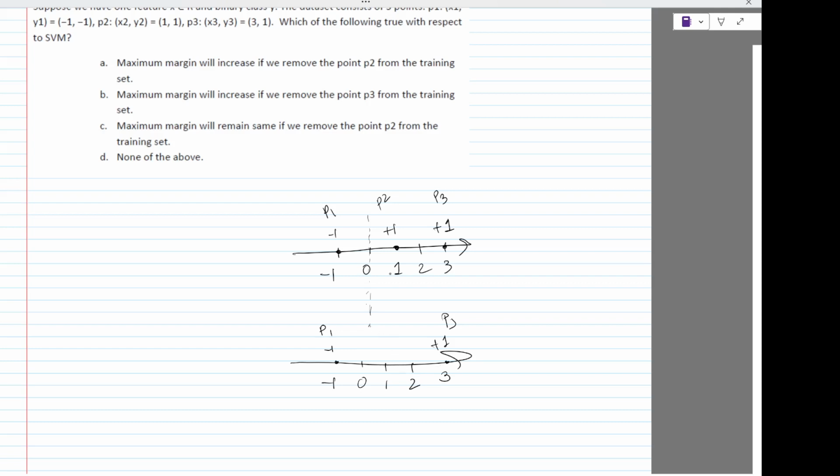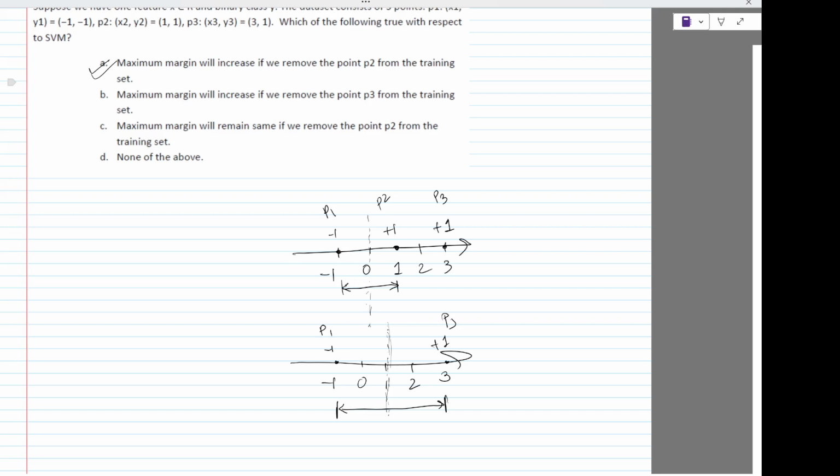So then our margin will shift, like our decision boundary will shift. So here the margin was this much, but here the margin will be this much. So our maximum margin is increasing. So A seems correct.